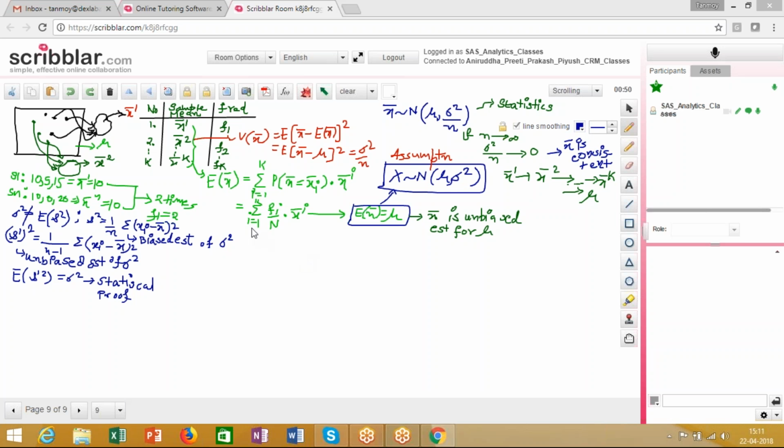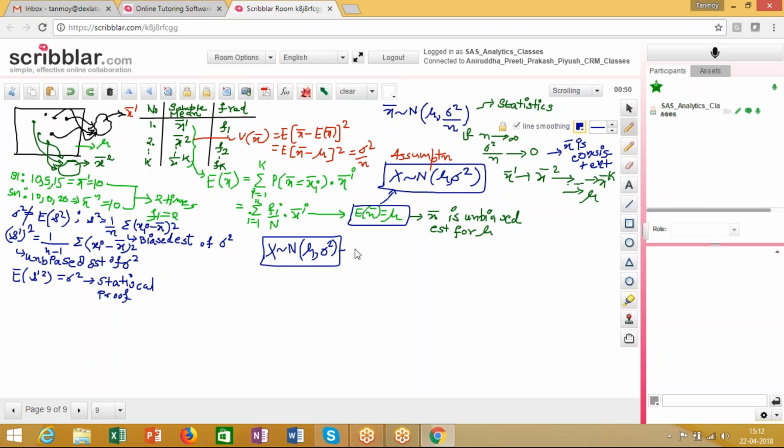So the sample that we have: if there is a population X which follows a normal distribution with mean mu and variance sigma square, and this population is unknown, the population parameters mu and sigma square are unknown.